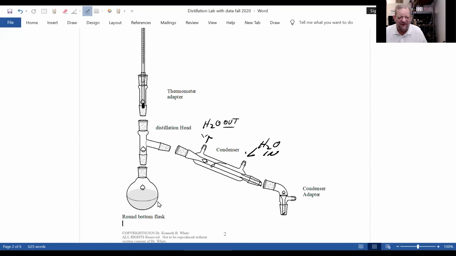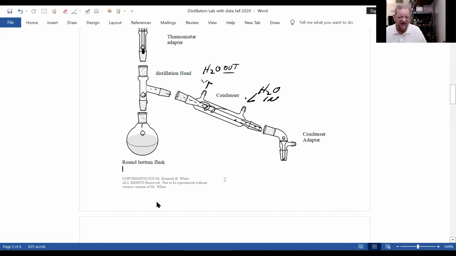Because this whole outer area fills with water, and it's cold water, and that causes any vapor when this is boiling to come here and condense into a liquid. And the liquid comes down here to the condenser adapter, also called the vacuum adapter, and drips down into a container. And by having different boiling points, you can separate things by heating slowly.